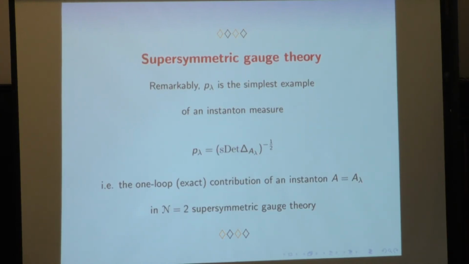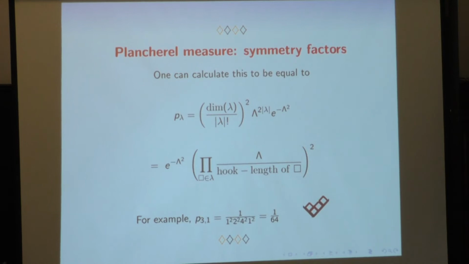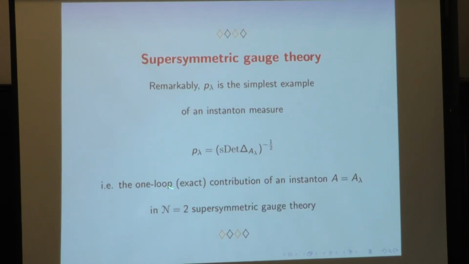Remarkably, that trivial thing which you can encounter in brickwork is the simplest example of an instanton measure, which you get in doing one-loop exact computations in N=2 supersymmetric gauge theory in 4 dimensions.